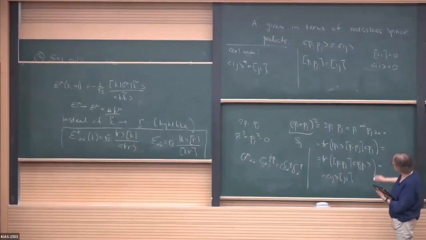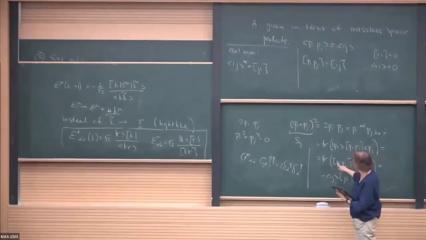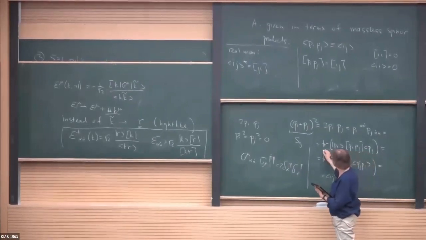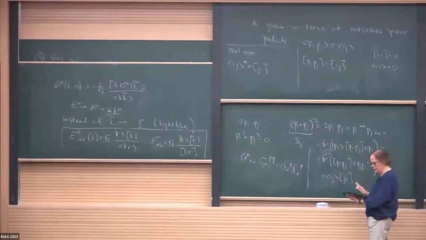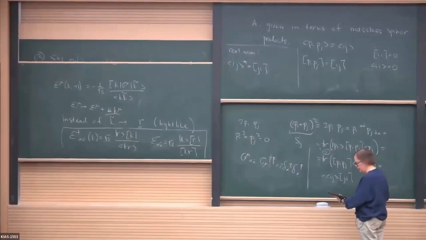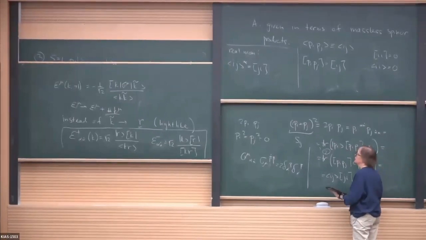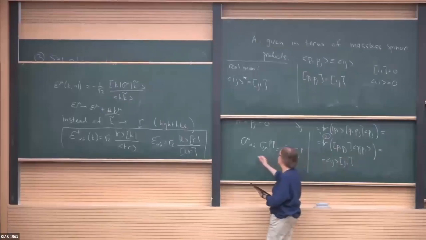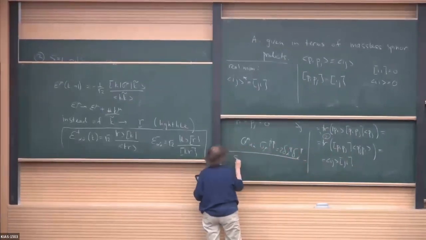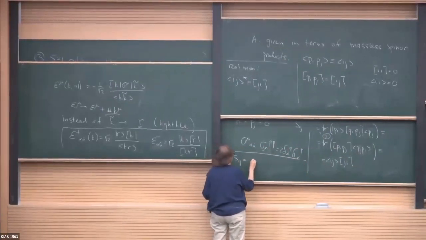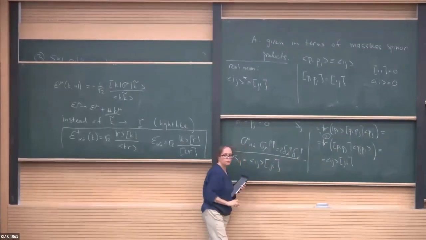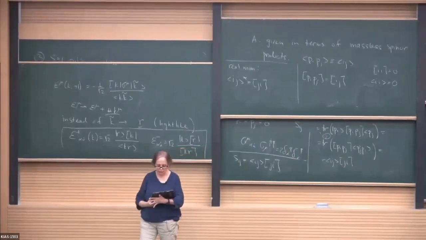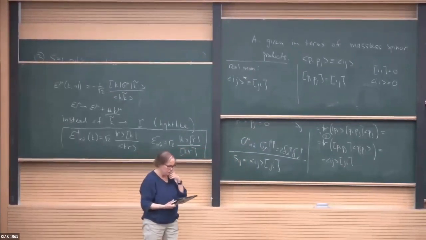And I'm possibly missing a factor of 2 because this is a trace over a 2-component thing. So let me leave the factor of 2 to you. And anyway, the end of the story is that I can write Sij is ij times ji. So this is something that will be useful as we go on.